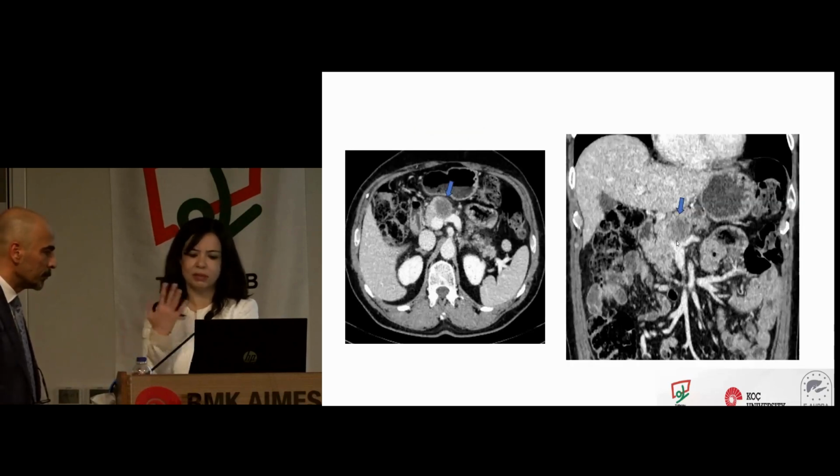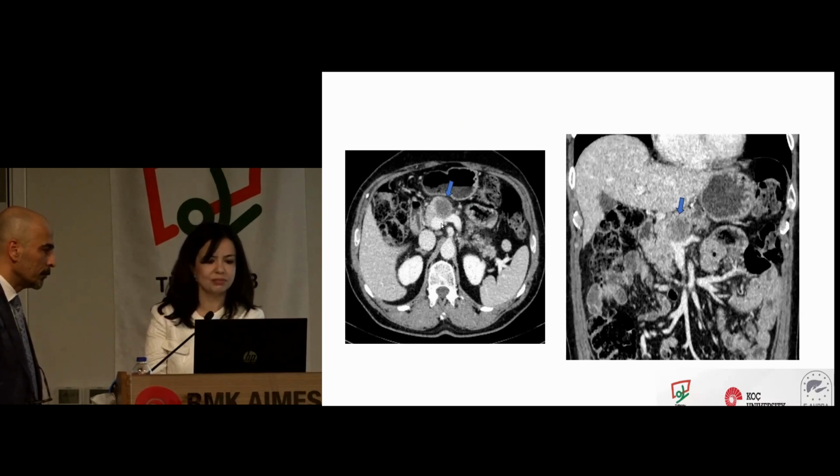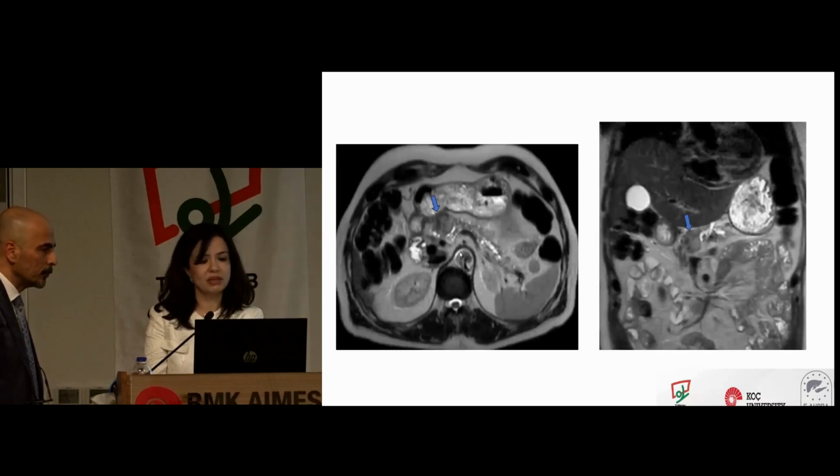It's hypovascular, maybe necrotic. On the venous portal phase image, the lesion is very close to the SMV and portal confluence. On the coronal image, you can again see it's adjacent, but there was no objective sign of macroscopic invasion.